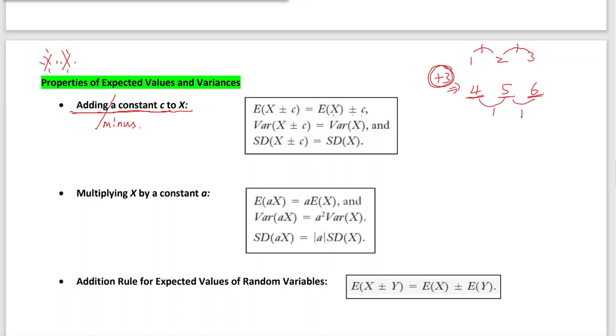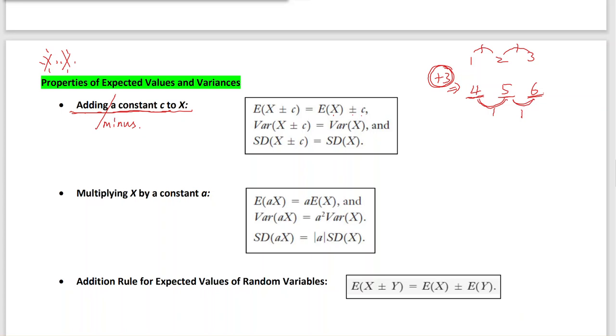So the level of spread stays the same, the distance between values stays the same, which means the variance also stays the same.